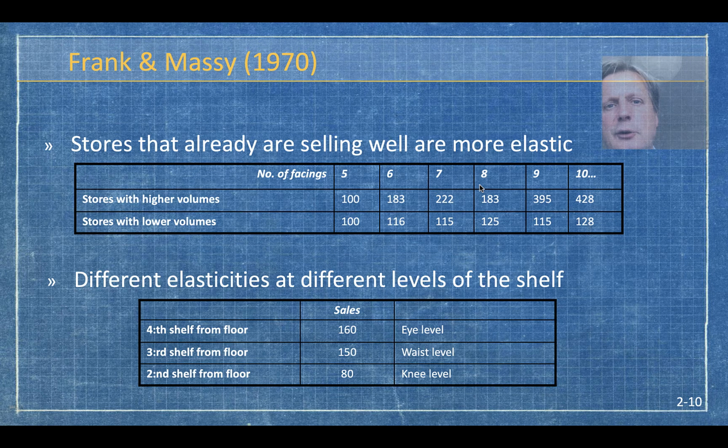It's often easier to sell even more in the already good markets. So that's a very important learning to take away from this Frank and Massy.